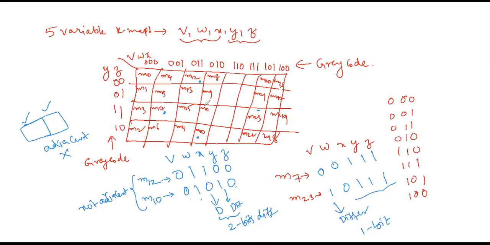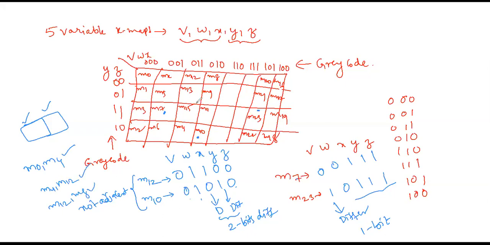The interesting fact is, you take any two side by side cells, M0, M4 adjacent, M4, M12 adjacent, M12, M8 adjacent in the 5 variable K-map, like this.